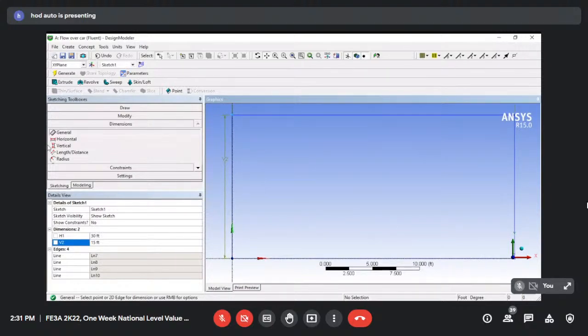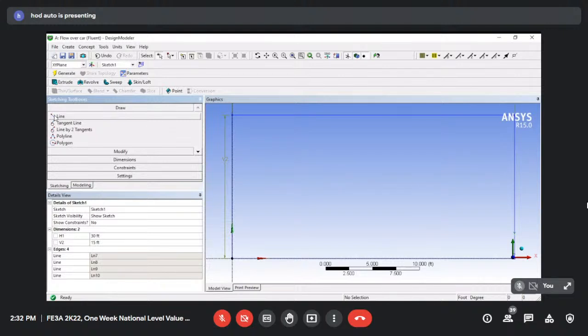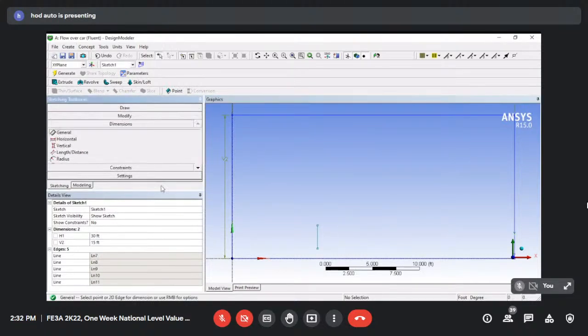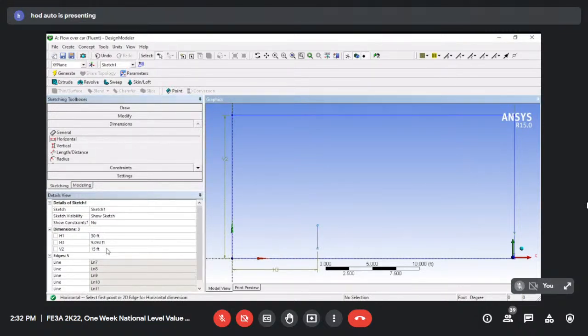Then I'll try to sketch lines. I'll try to put its dimension, because from horizontal this should be at least 15 feet, 5 meters in fact.